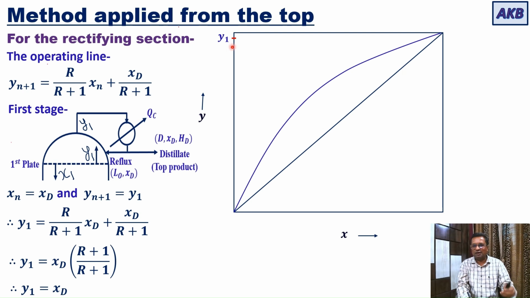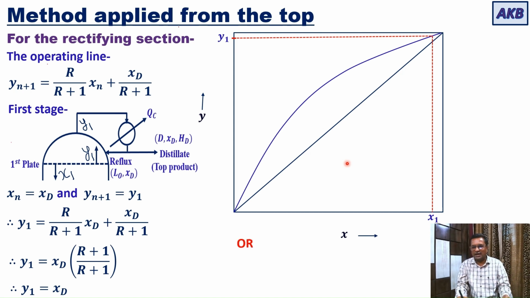Then we move to the equilibrium curve and get the corresponding value of x1. This point has coordinates x1, y1, and since it lies on the equilibrium curve, x1 and y1 are in equilibrium with each other. This is how you can use the distribution diagram.